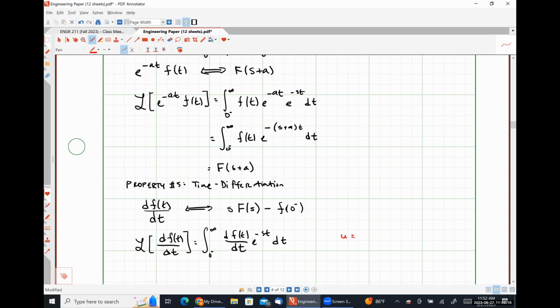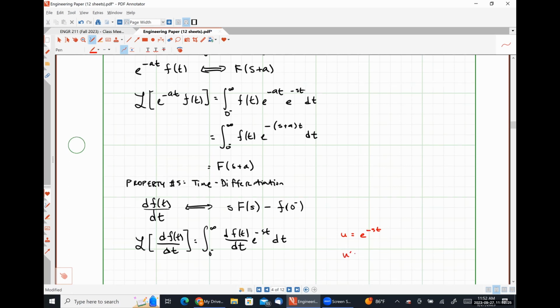So let's say that u is e to the negative st. U prime would be negative s e to the negative st. V prime will be the derivative of f with respect to time, which means v should just be f as a function of time.